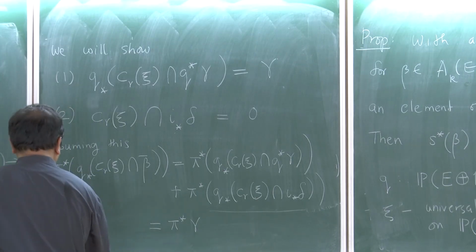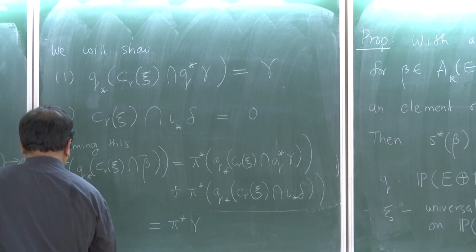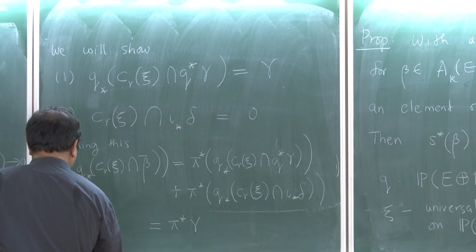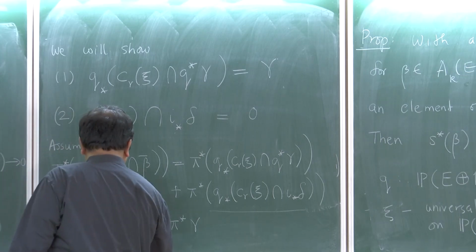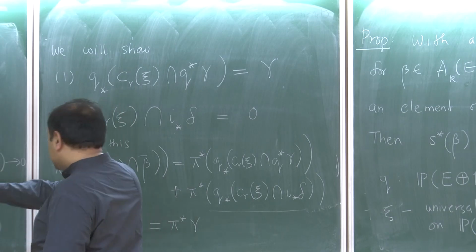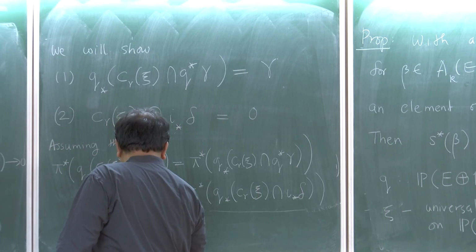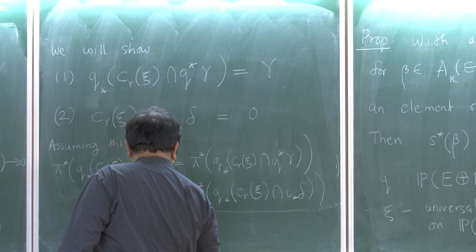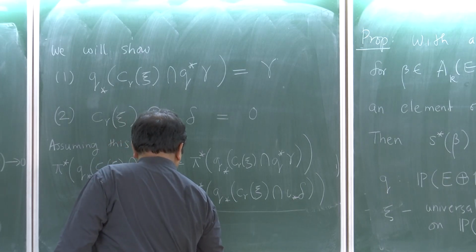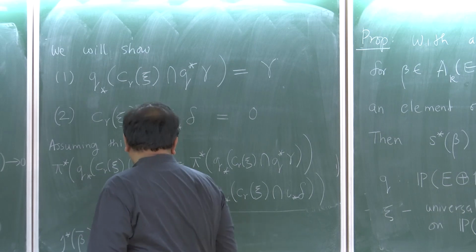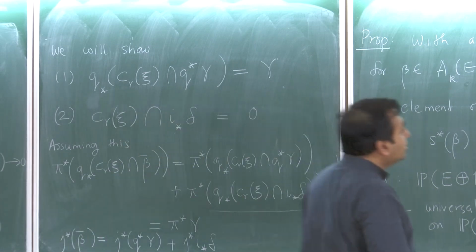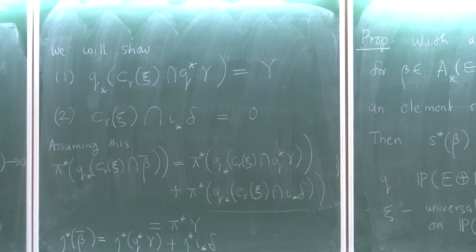J upper star of beta bar is equal to J upper star of Q upper star of gamma plus J upper star of I lower star of delta. And what is J upper star of Q?